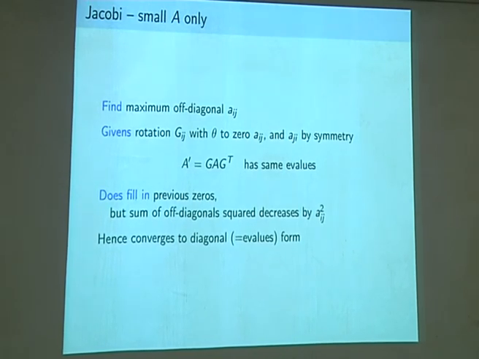Then you've got a new matrix, and you find the largest off-diagonal term, and you apply the appropriate Givens rotation to push down the off-diagonal term.